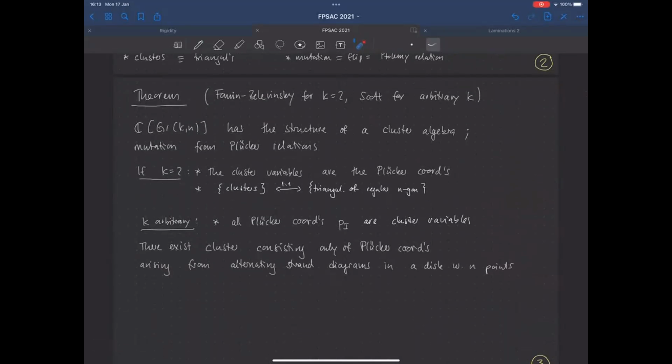If we look at the coordinate ring, and again, I should take the affine cone of the Grassmannian of k-dimensional subspaces of C^n, that result is due to Fomin-Zelevinsky for k equals 2, and then Scott later for arbitrary k. So this has the structure of a cluster algebra. I'll explain what that means, and mutation comes from Plücker relations.